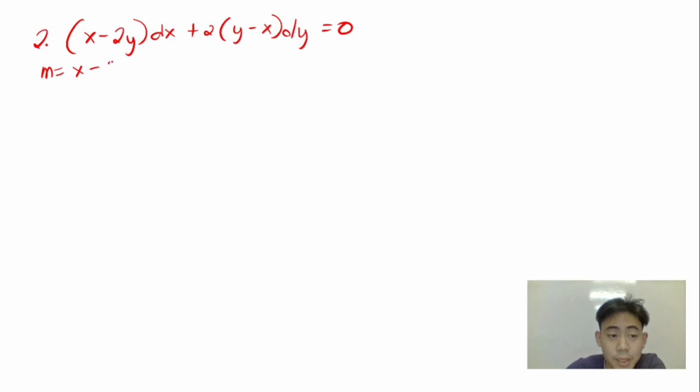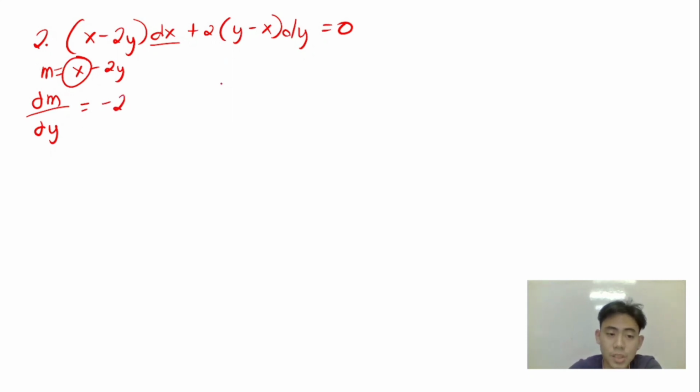Yung x minus 2y, kasi yun yung nakamultiply sa dx natin. You need to identify the partial derivative of m with respect to y. That x should be a constant, so magiging 0 na siya. Ang derivative naman ng negative 2y is negative 2.